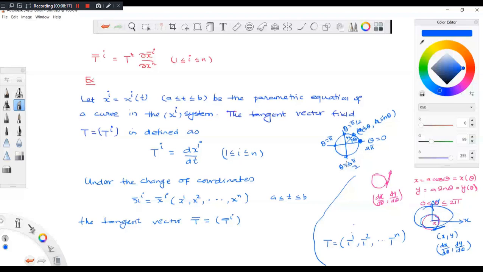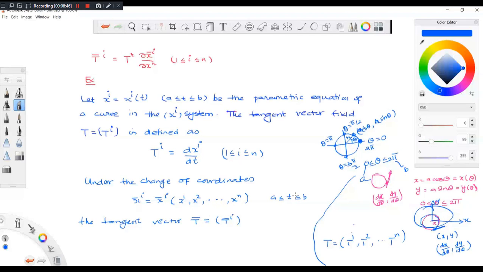So my theta varies from 0 to 2 pi. 0 is a number, 2 pi means 2 into 3.14, so 2 pi is another number. What is this 0? I call it A. This I call it B. Do you understand this? Yes, sir, got it. A and B are the parameter limits. They are real numbers. The parameter varies from A to B.